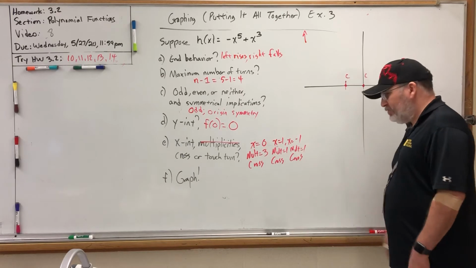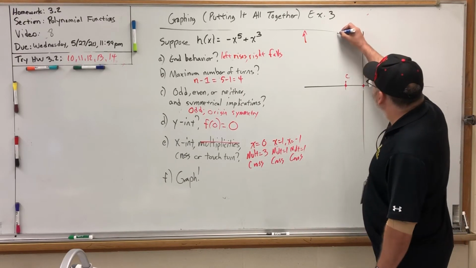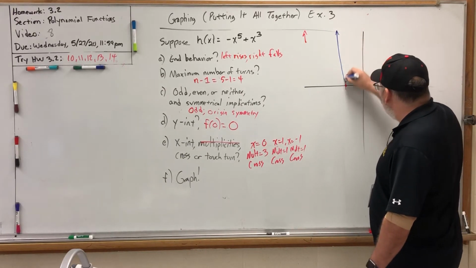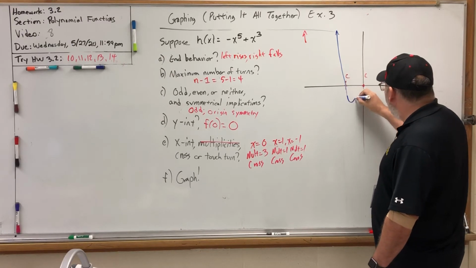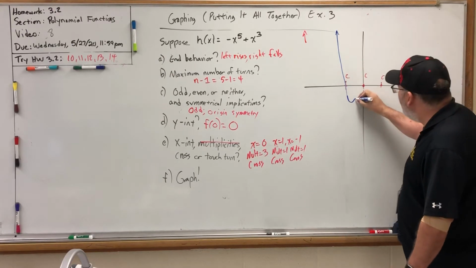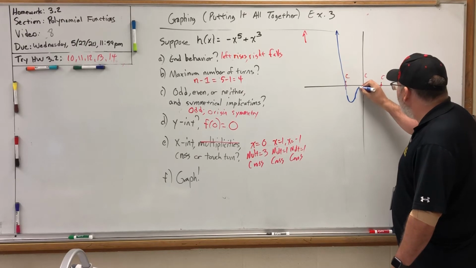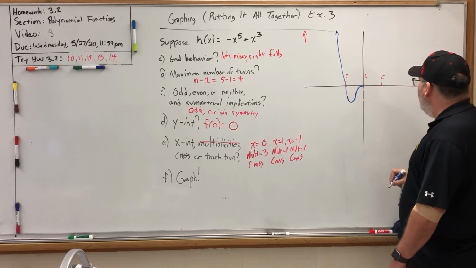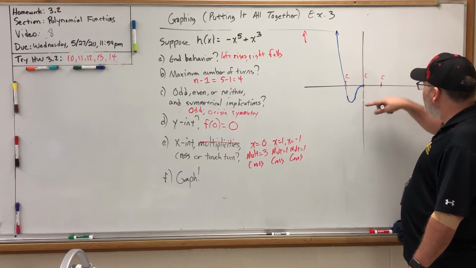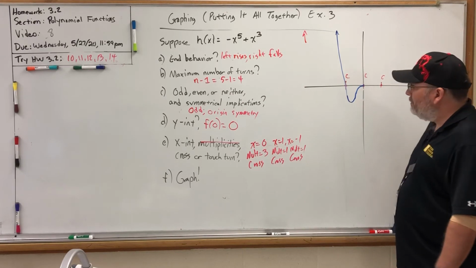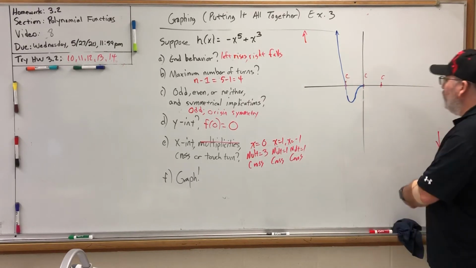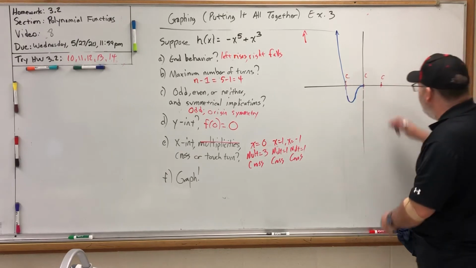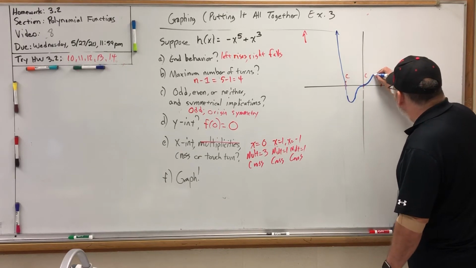When the multiplicity is 1, just shoot straight through. So start high, shoot straight through here. We're going to turn around, but because this multiplicity was higher, the graph's actually going to flatten out a little bit. And then we're going to do the same thing, continue, and then cross. Let's take advantage of the fact that this has origin symmetry, spin this thing 180 degrees, and it would look something like this.